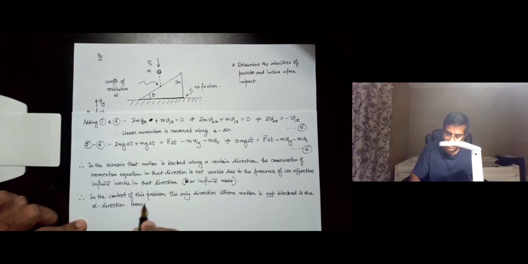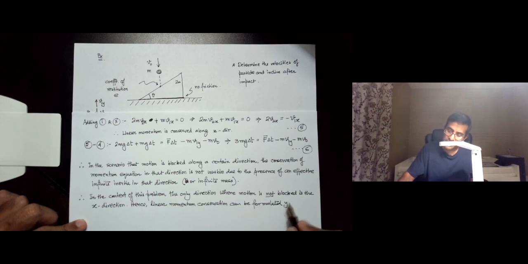Hence, linear momentum conservation can be formulated, yielding a useful, usable equation, only in the x direction.